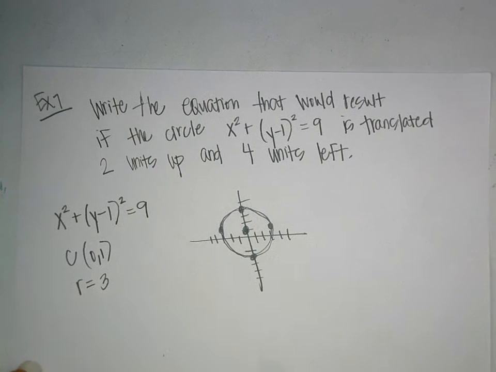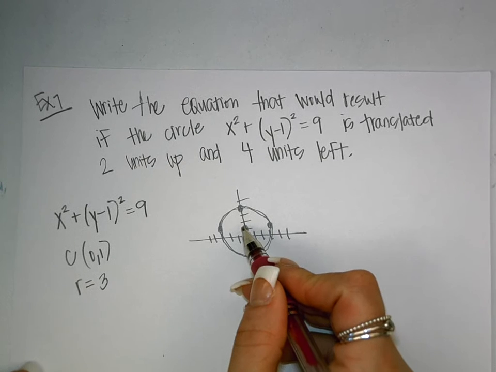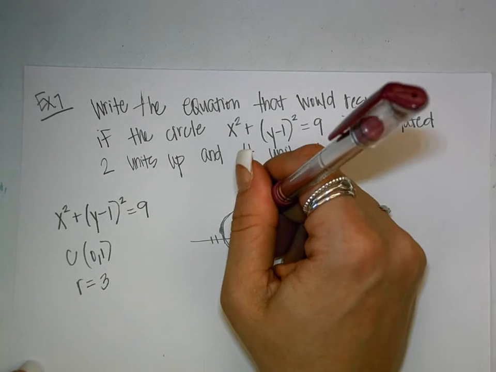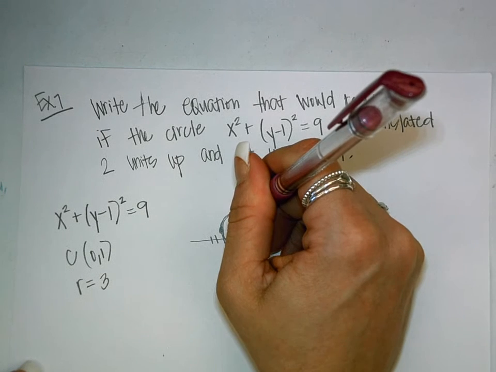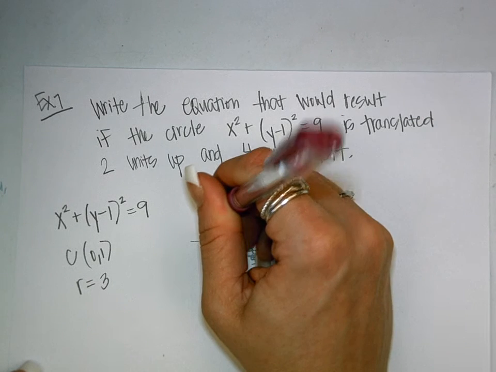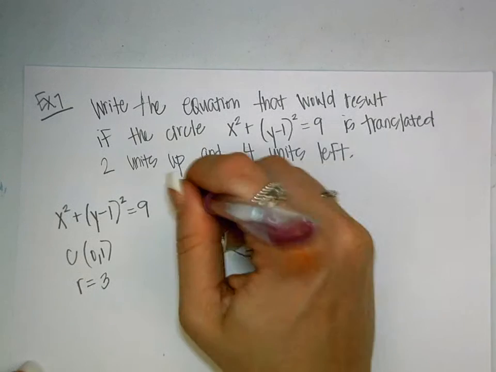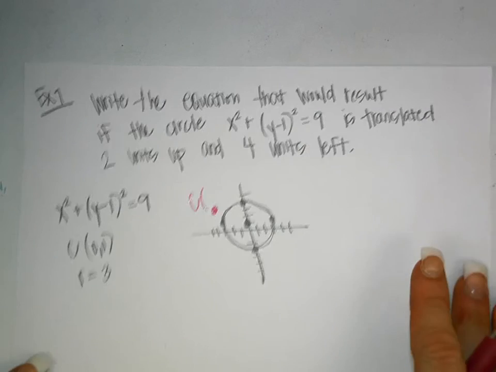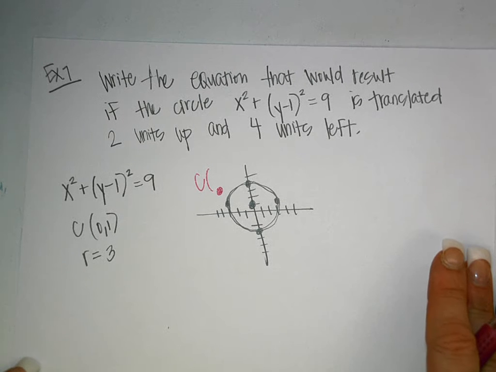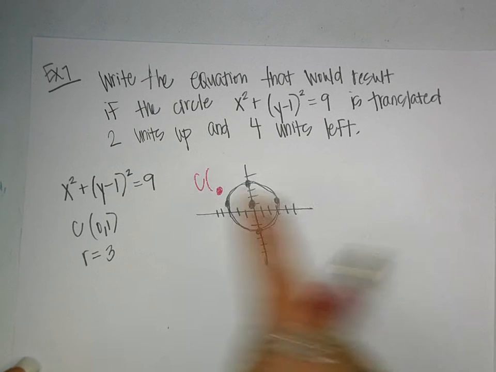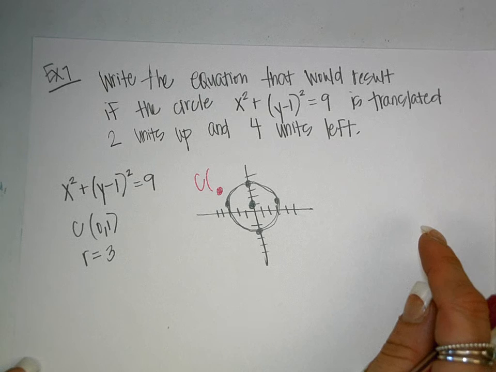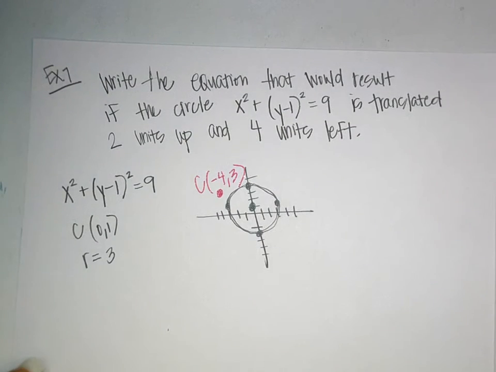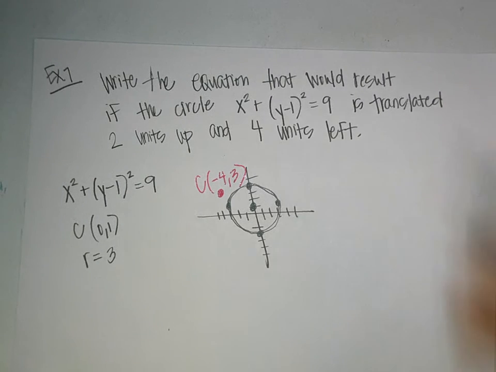So all I'm concerned about is finding the new center. Move 2 units up from the center and 4 units to the left: 1, 2, 3, 4. What would my new center be? (−4, 3).